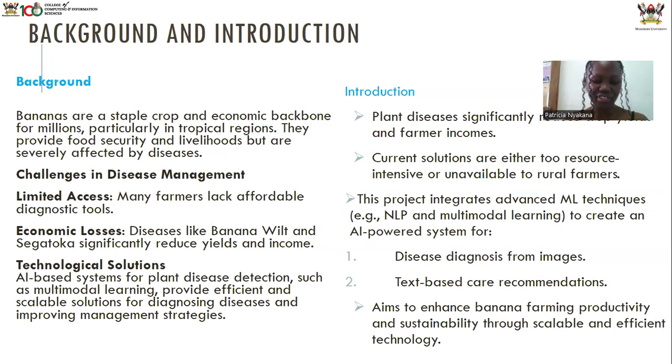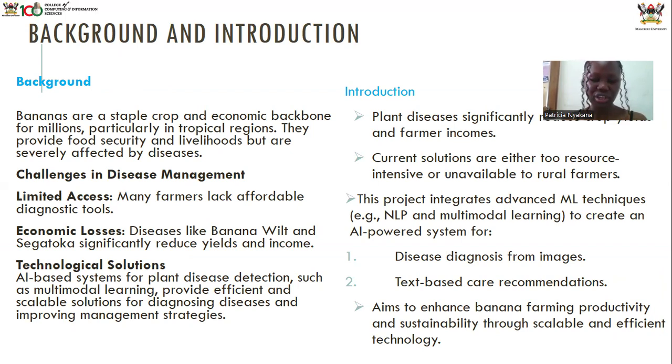The challenge is that farmers face limited access to affordable diagnosis tools, resulting in delayed diagnosis or economic losses. And then the technological solution is that AI-based systems, especially multimodal learning, offer scalable solutions for timely disease diagnosis and management strategies.